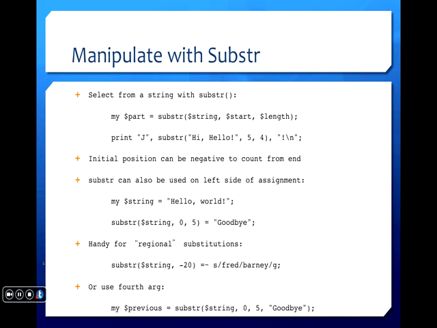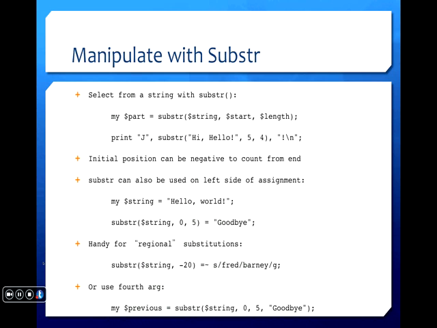Another way of manipulating strings is using substr. It takes the whole string as the first parameter, the starting position as the second parameter, and the length as the third parameter, and it returns the value that you took. Here I'm explaining it with a practical example.